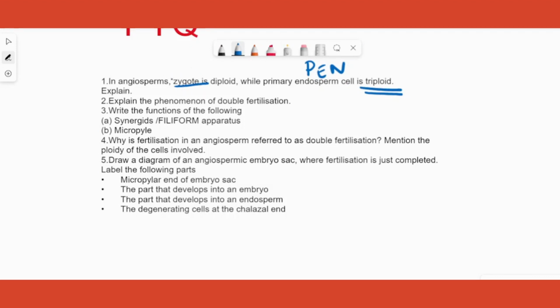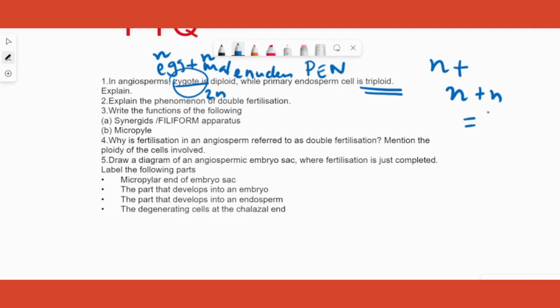Because zygote is developed from fusion of egg plus the male nucleus. Both of them are haploid with N as chromosome number. Therefore, this is 2N. The same way you explain this one. One male nucleus fused with two polar nuclei. Therefore, you have 3N as the ploidy.